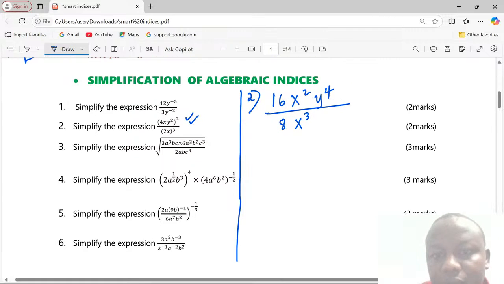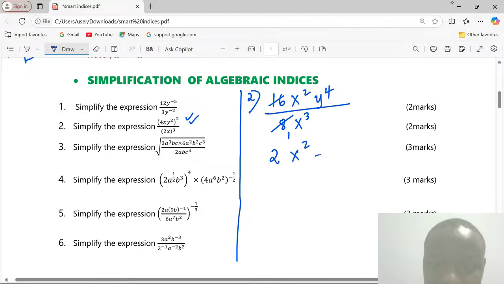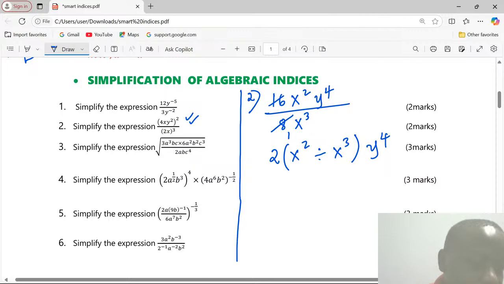At this point, the numerical part can simplify: by 8 we have 2. Then x to power 2 is being divided by x to power 3, and there is y power 4.